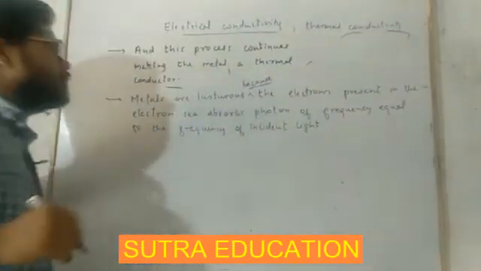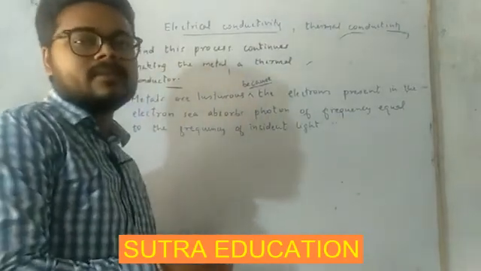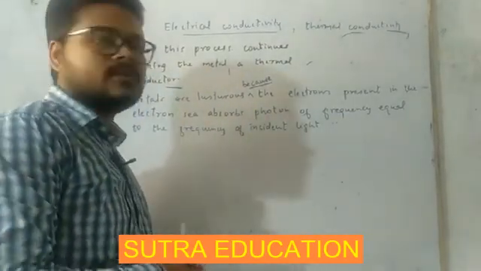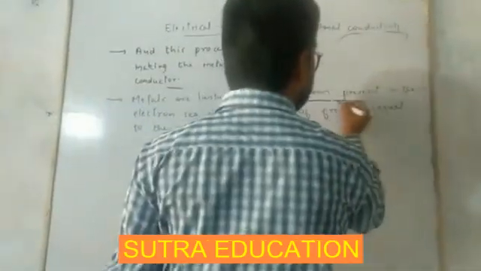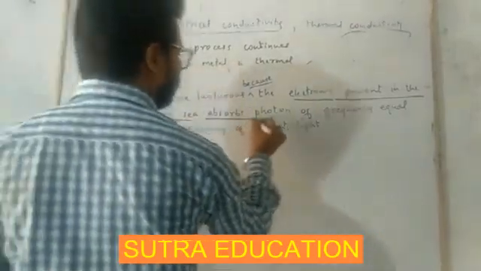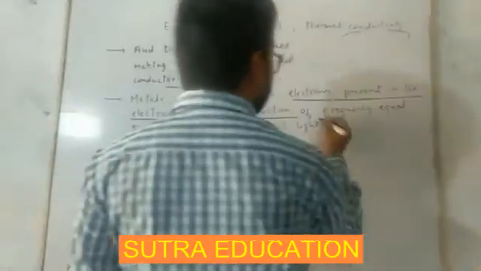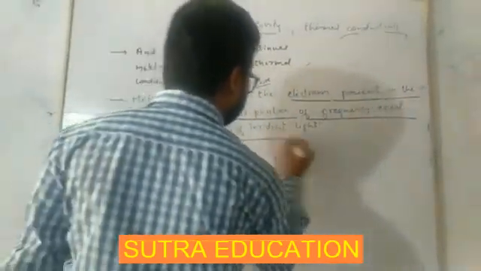Getting this? We are going to explain this on the basis of electron gas theory or electron sea theory, because electrons present in the electron sea absorb photons of frequency equal to the frequency of incident light.